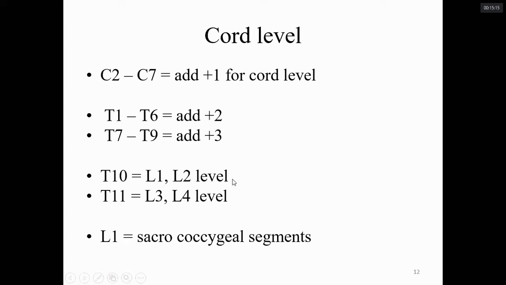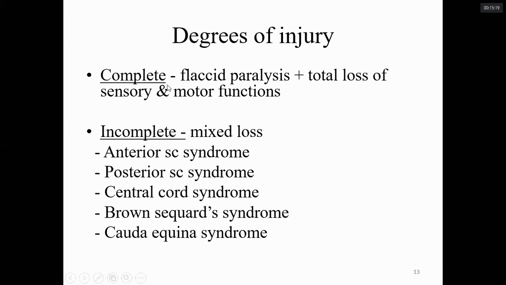Now, once there is a spinal cord injury, it will be either a complete or an incomplete spinal cord injury. Suppose there is a fracture of L2 with a complete spinal cord injury, then below that level there is total paralysis of the limb.